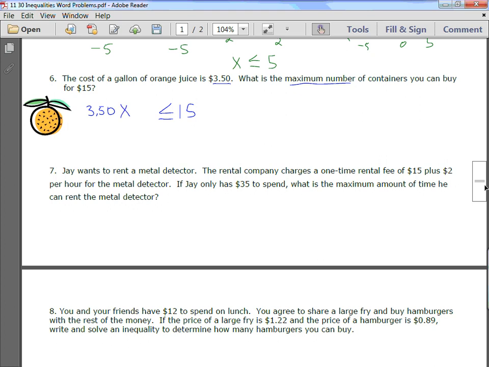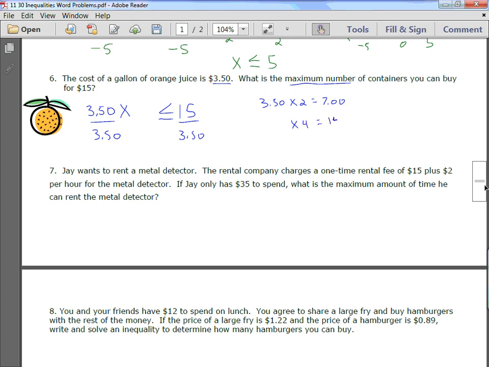Teaching the kids that if they know it's per container or unit cost, then it's 3.50x. I could just take both sides and divide by 3.50, or I can just take 3.50 and double it. That gives me $7. And then I double that, and that gives me $14.